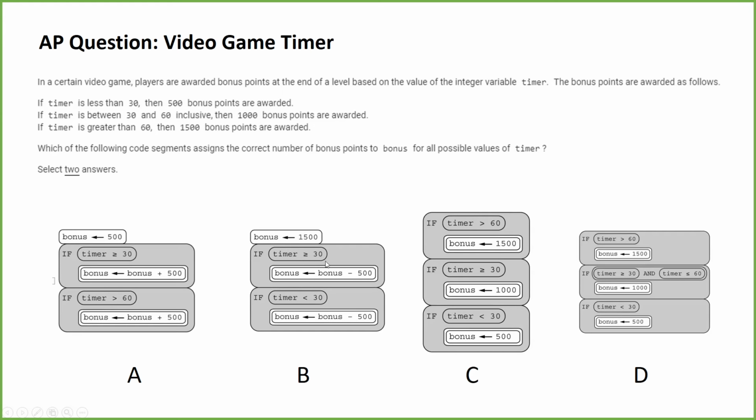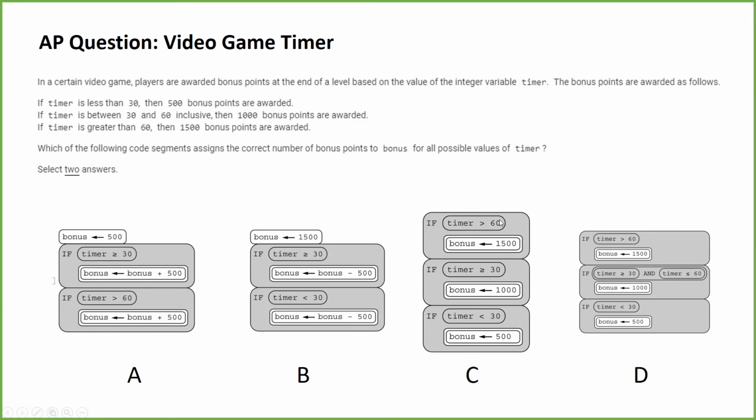So let's say, for example, it's 70, but we're still minusing 500, which doesn't match the bonus here, right? If it's greater than 60, we'd get 1,500 bonus. But even if the value is 70, 70 is greater than or equal to 30, so it would minus the 500. So that's not correct. So not B.